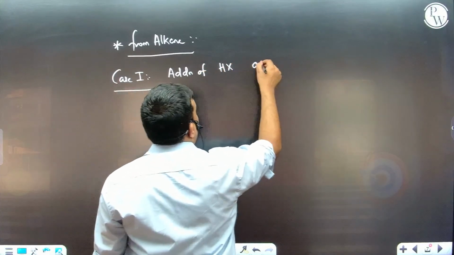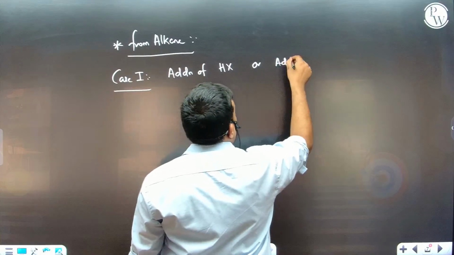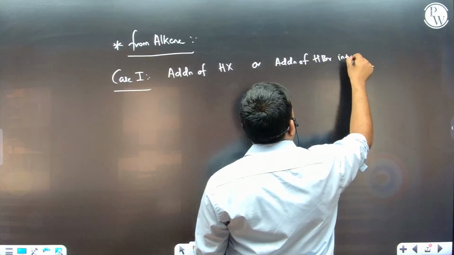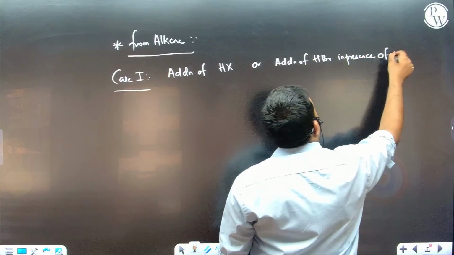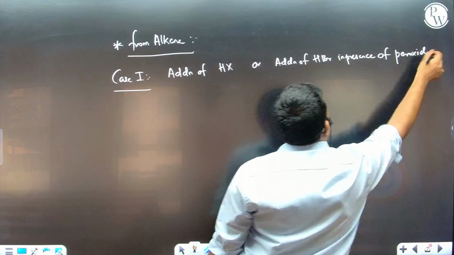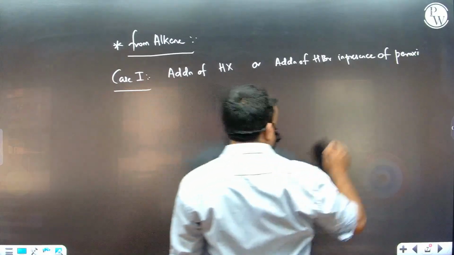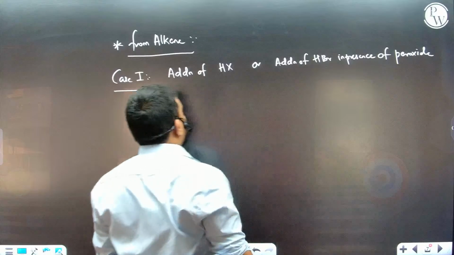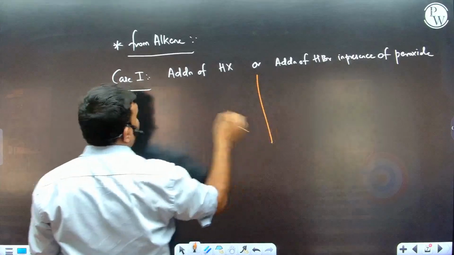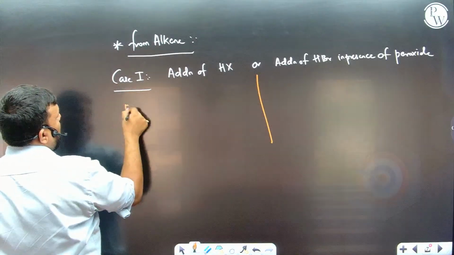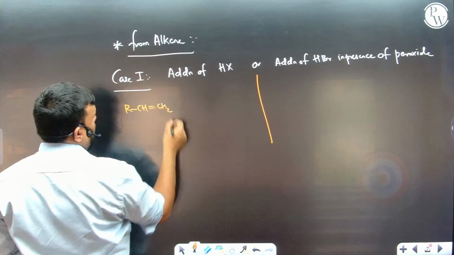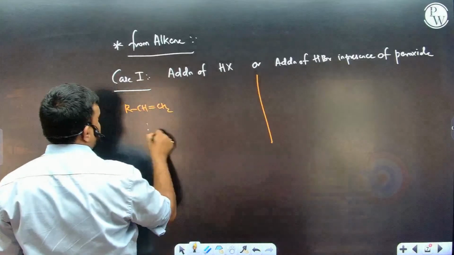okay, or addition of HBr in presence of peroxide. Okay, are you getting? So in this addition of HX, we can see we are having RCH double bond CH2 and we are adding HX to it.